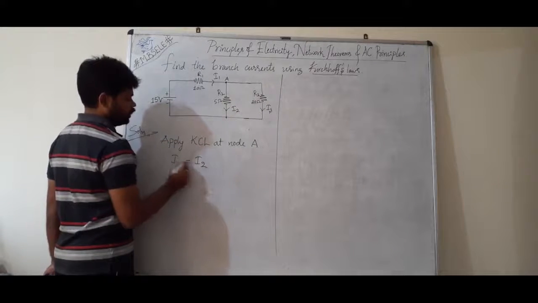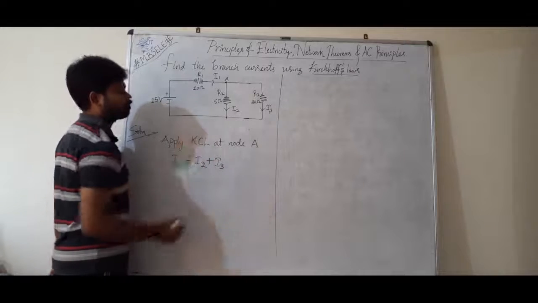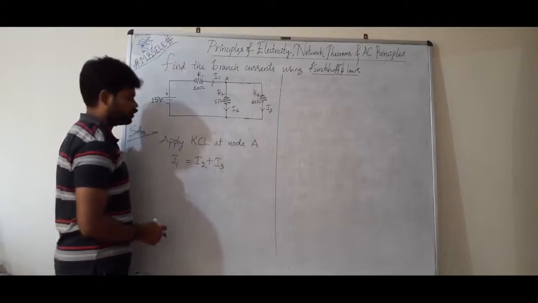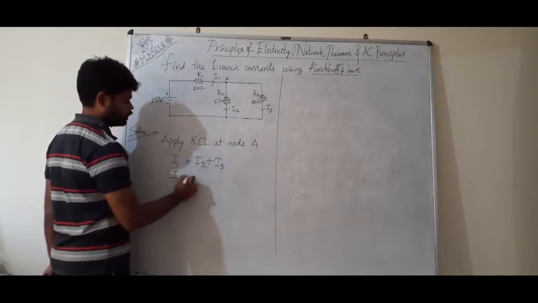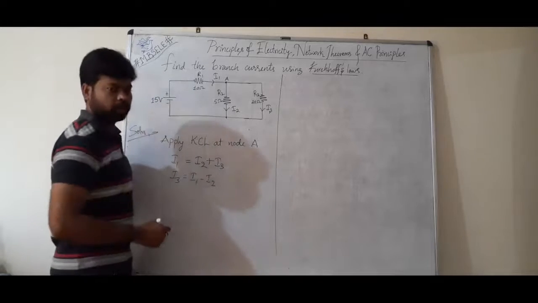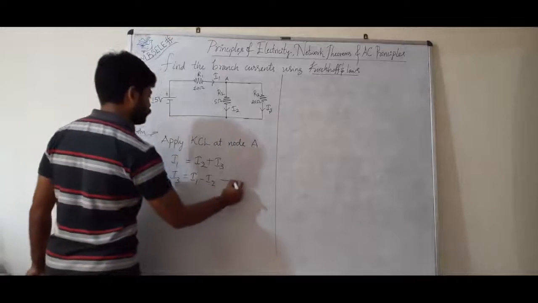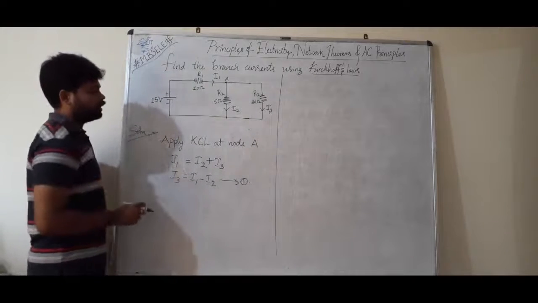So I1 is equal to I2 plus I3, or you can also write I3 is equal to I1 minus I2. Let this be equation 1. So this is about applying KCL.